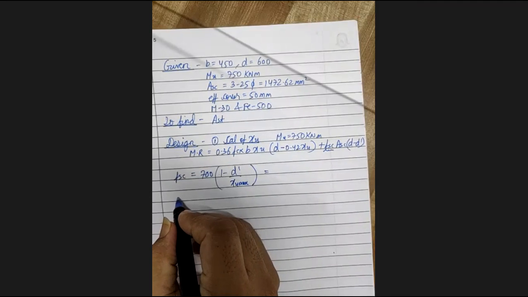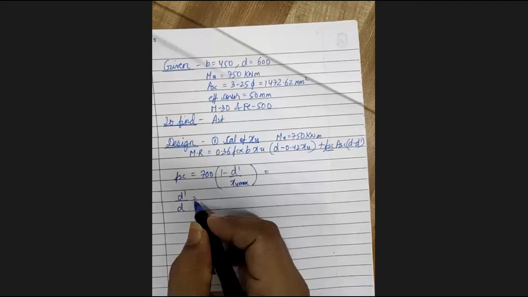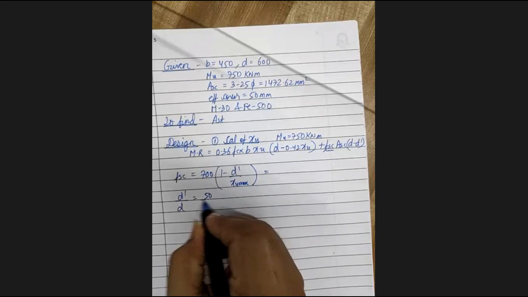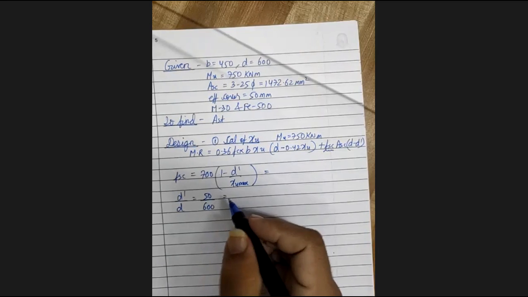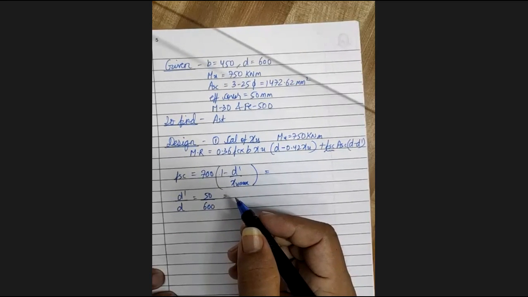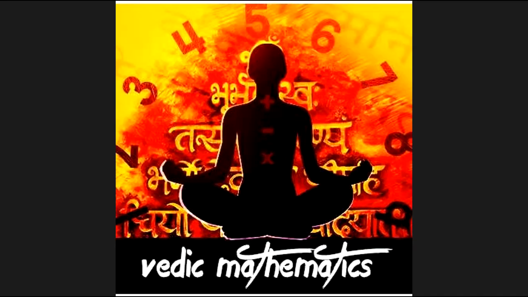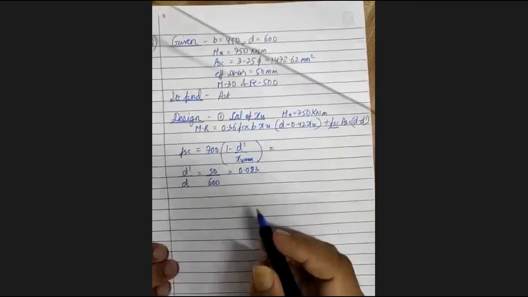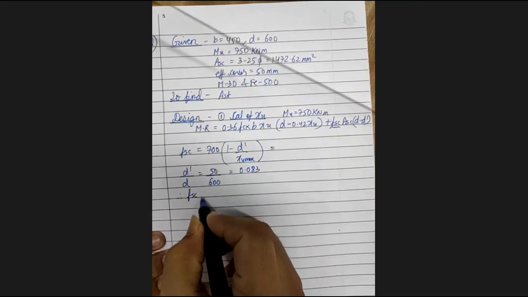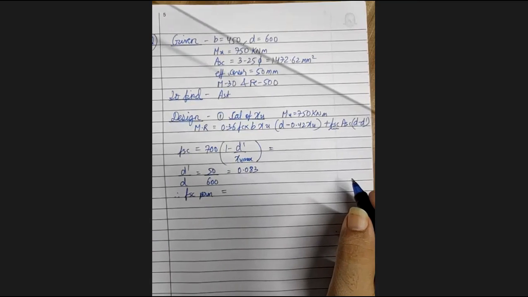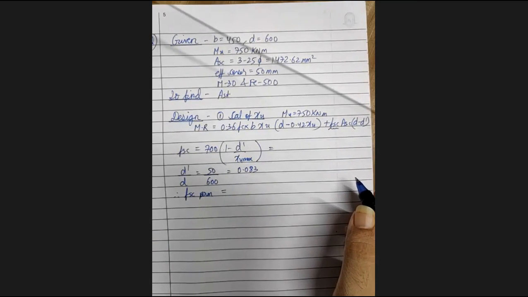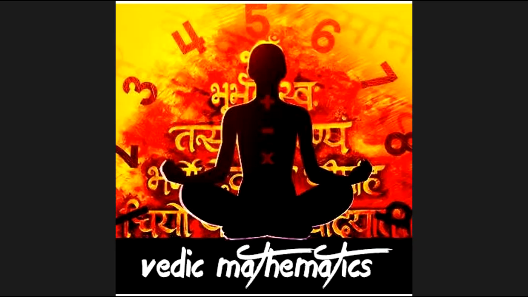So for FSC from the table, first we have to find out d dash by d ratio. Effective cover is 50 and d is 600. So this is 0.083. So FSC permissible from the table, if you interpolate, is 416.08 MPa.